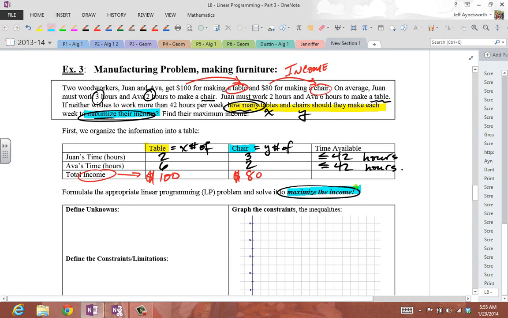That's the big question. So we're going to let X equal the number of tables and Y equal the number of chairs, because they don't know how many they should make to maximize this situation. That way you can start the problem.